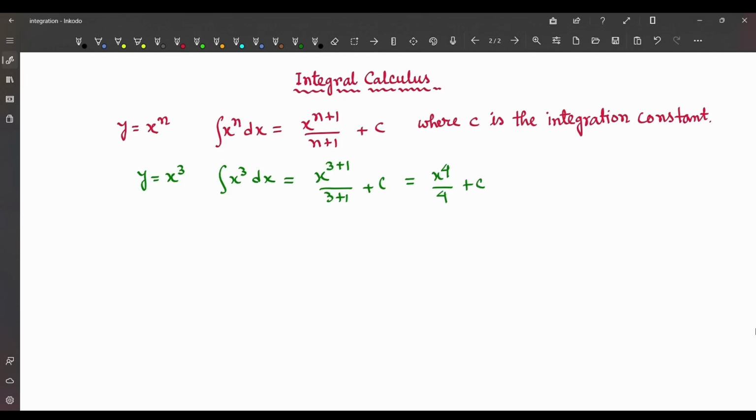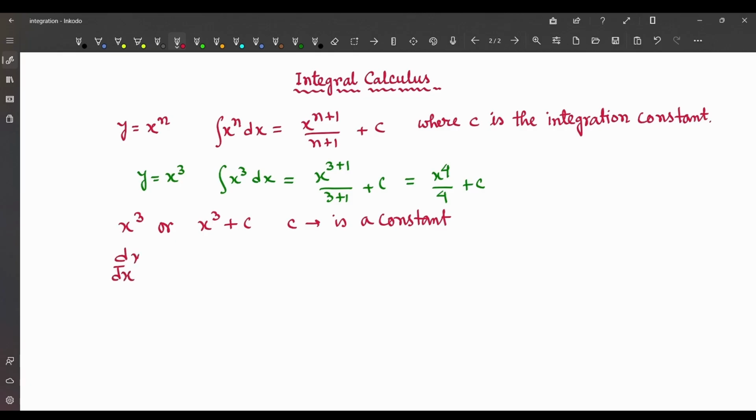Why do we use the integration constant here? If we differentiate x cube or x cube plus c, where c is a constant, then in both cases we get the same result.